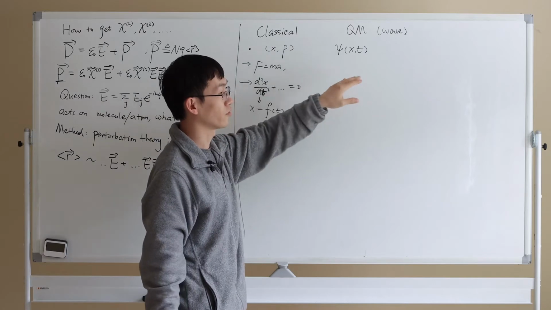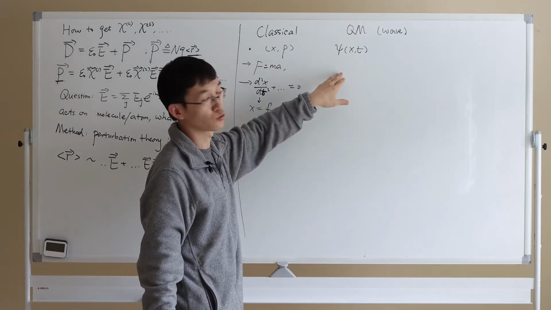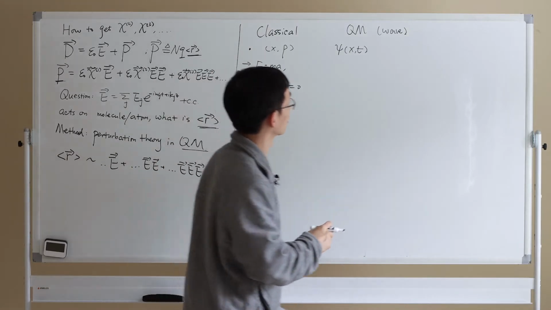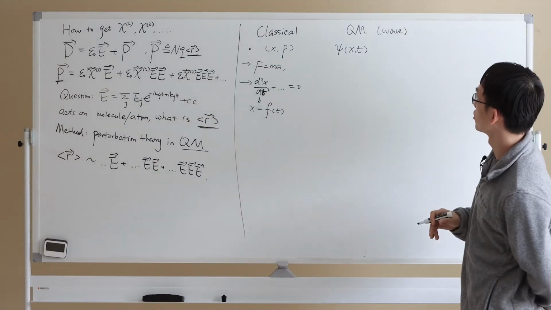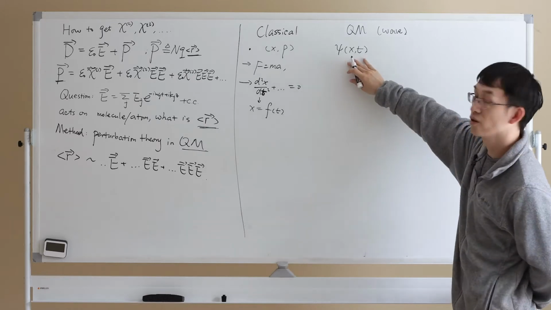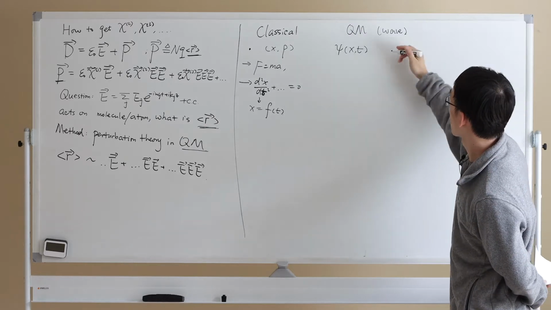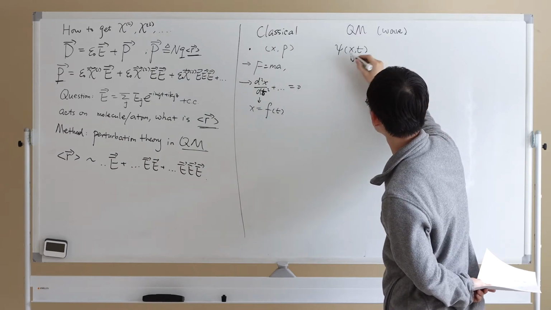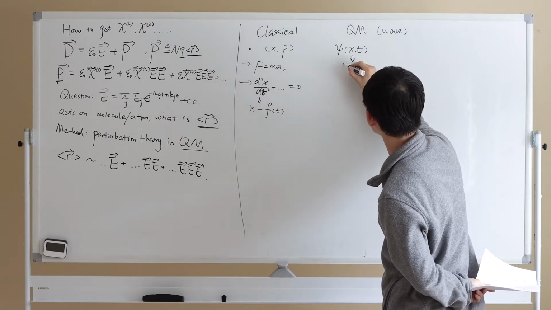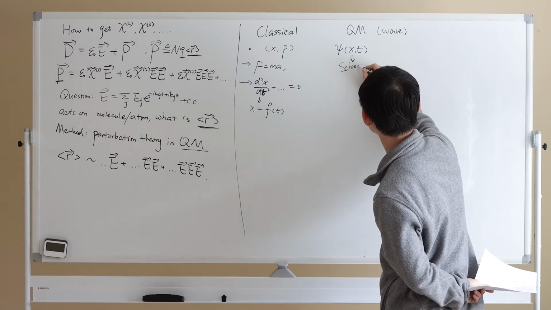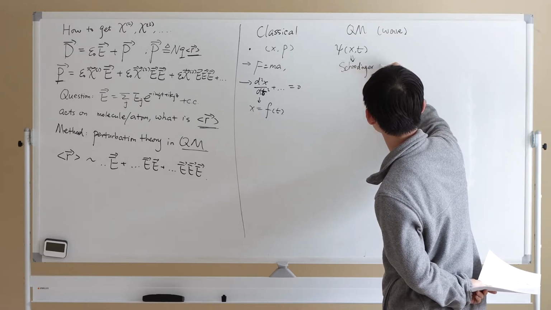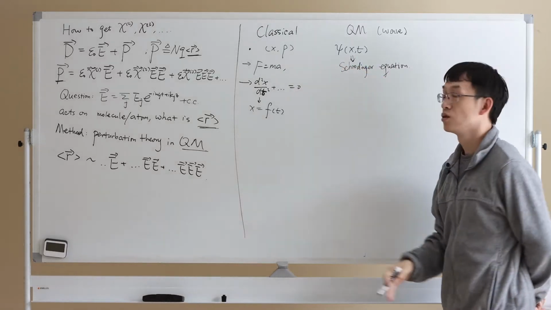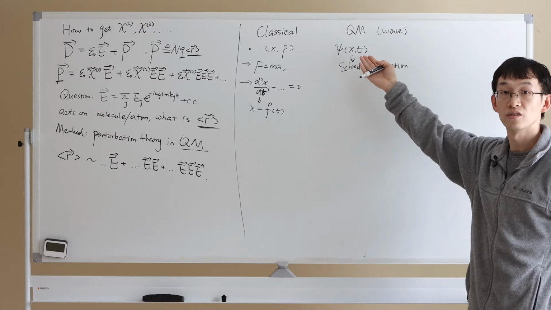In advanced quantum mechanics, you can treat this as a field, and then there's a second quantization, but we won't touch those areas in this class. So it's a wave, and instead of F equal ma, you have the Schrodinger equation, governing the motion of this wave.